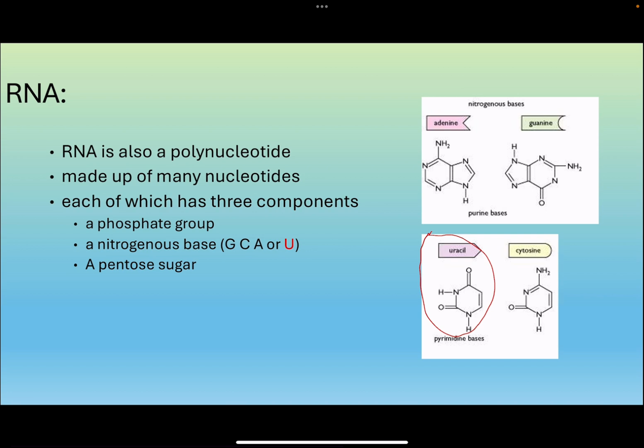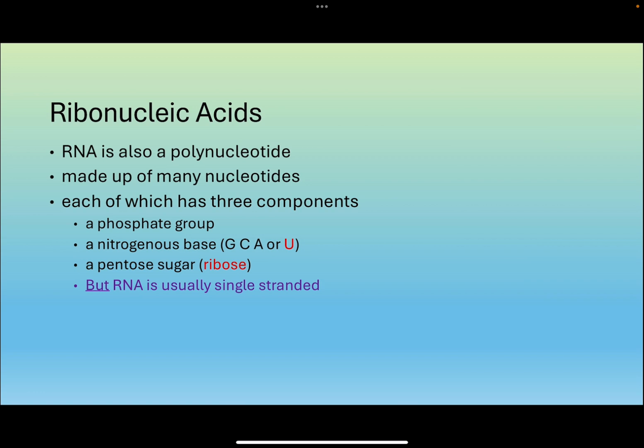So that is one key difference there, and we've also just highlighted that here for you, so that you know instead of having a T in RNA, you have a U. The next slight difference is the pentose sugar. This is the ribose, and again we looked at the structure of them earlier in the video. And the final difference is that RNA is usually single-stranded as opposed to double-stranded.